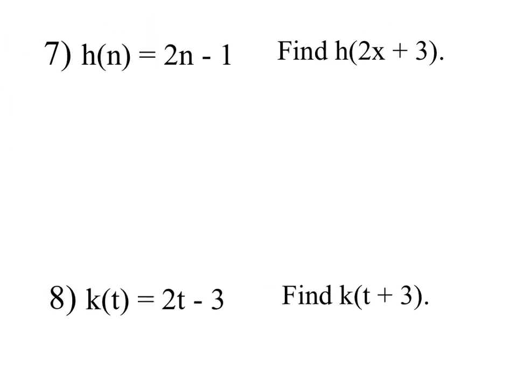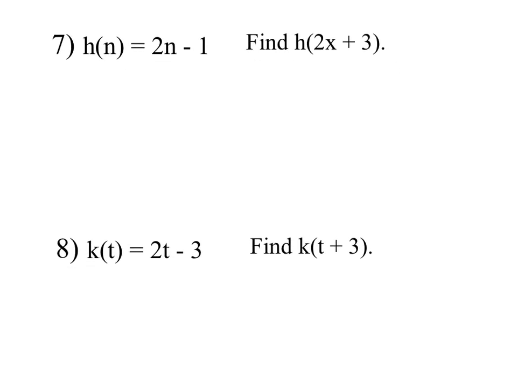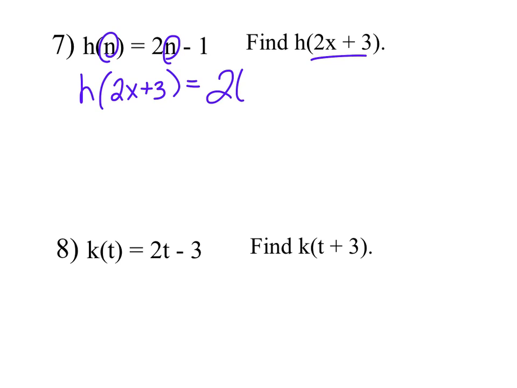A couple more examples just so you have a quick idea. We're going to plug in 2x plus 3 for this one. Everywhere there's an n, I'm putting 2x plus 3. So remember, this is x, well, that's n.